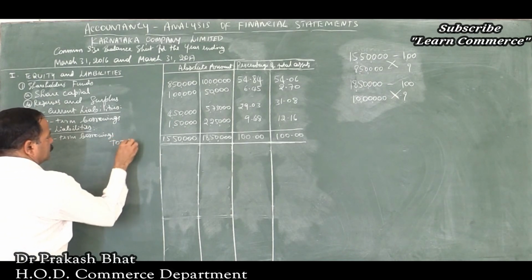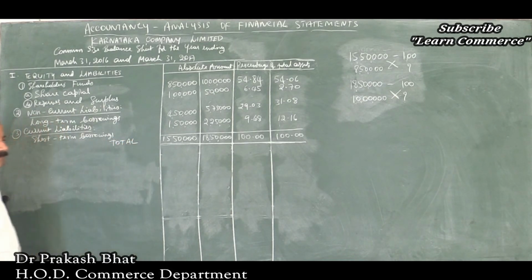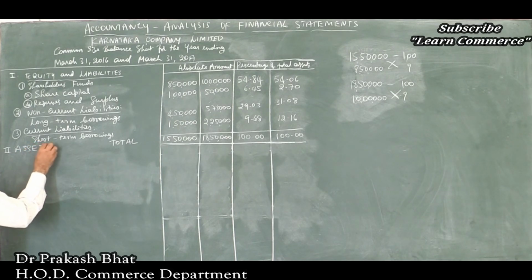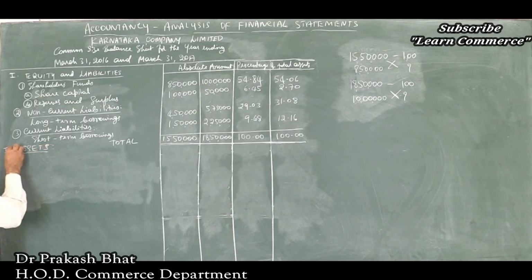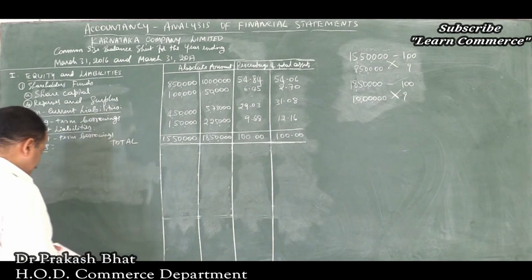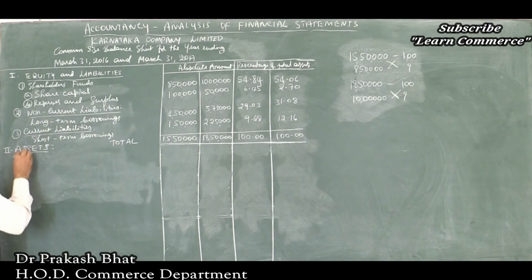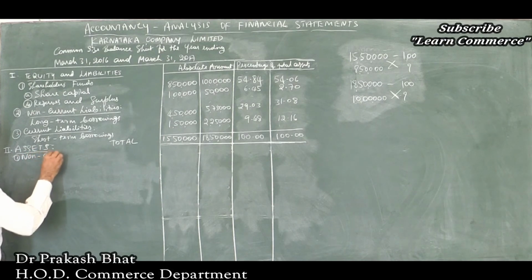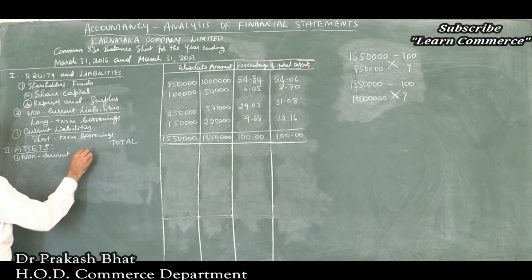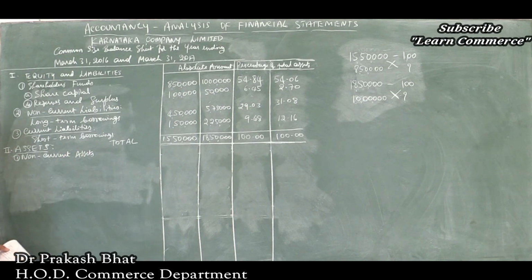Total. Now, let us move on to the second part, that is assets. Under that, non-current assets, the first one. Under that, tangible assets.